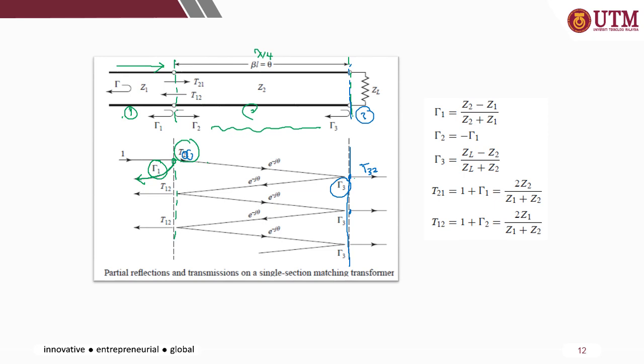The reflection coefficient and transmittance from one section to another can be estimated by the following equations that depend on the characteristic impedance at each element. So Z1 at the transmission line 1, and then Z2 inside element 2, and so on.